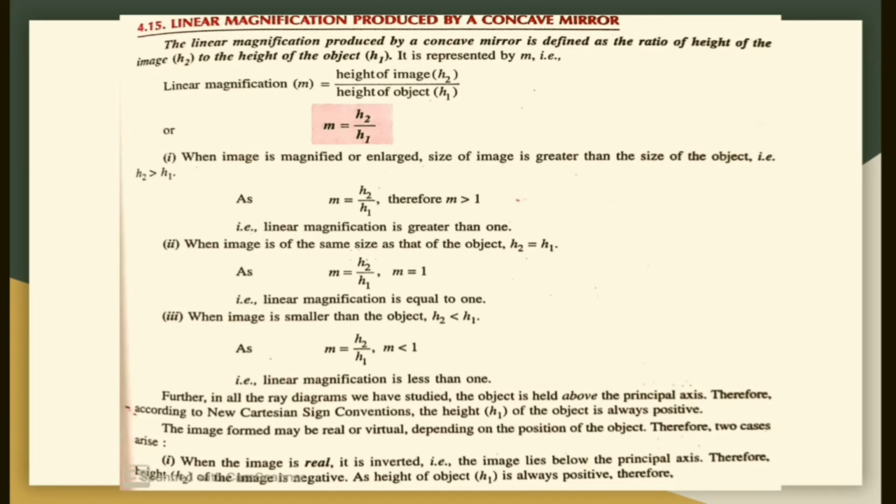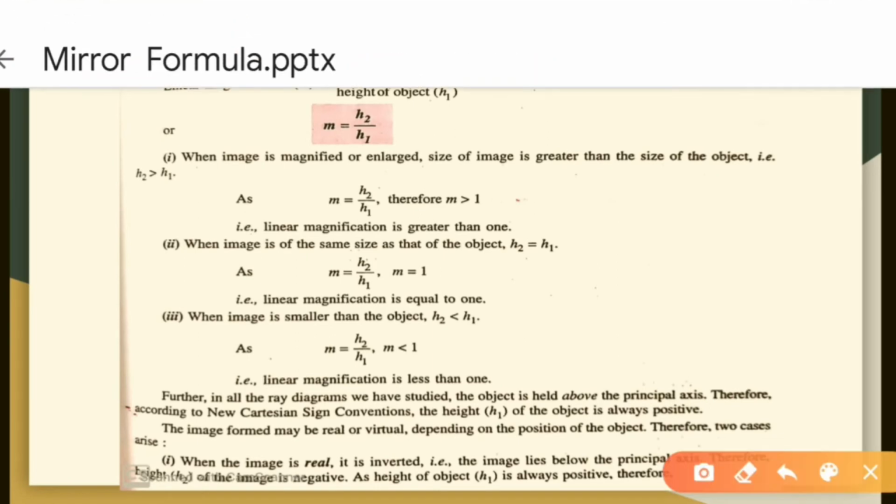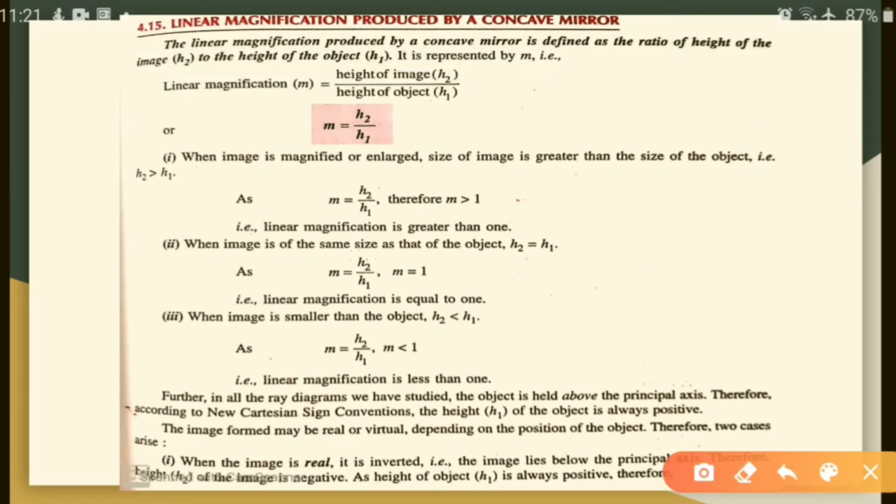Now it is important to see the linear magnification produced by a concave mirror. What is magnification? Magnification means you are going to compare the size of the object and the size of the image. The size of the image is compared with the size of the object in magnification.